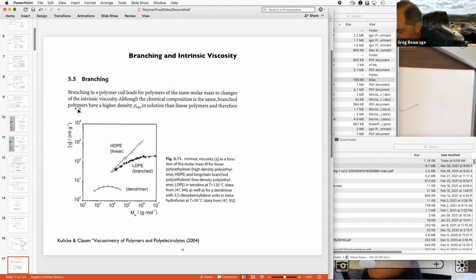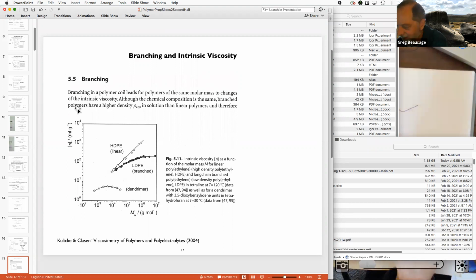But low density, which is the original free radical polyethylene, has this tree structure to it. So it's got a lot of branches. It's arboreal. Depending on how bad things are, it can be more and more arboreal, right? So this is going to have some pretty strange flow properties, different than a linear chain.